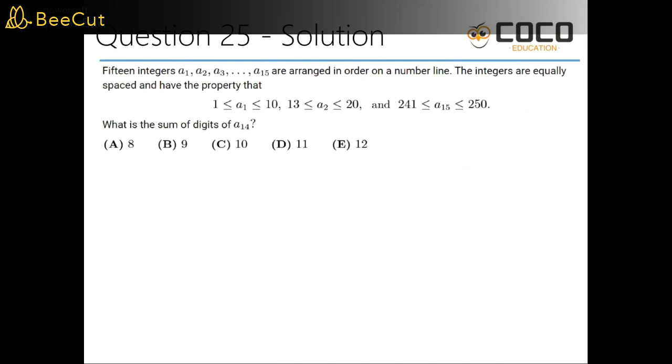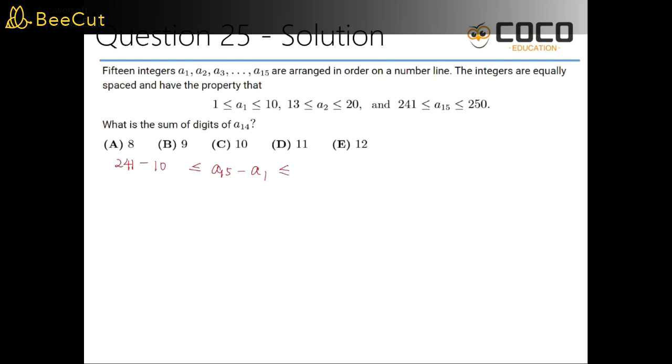Question 25. So let's find the difference between the largest number and the smallest number. Okay. Now, the smallest this can get is when A15 takes the smallest value, 241, and A1 takes the largest value, which is 10. So that's 241 minus 10.